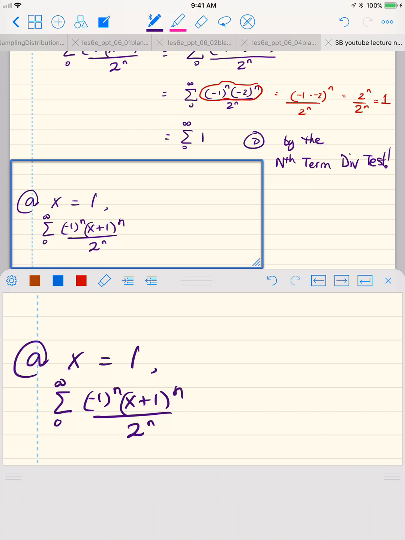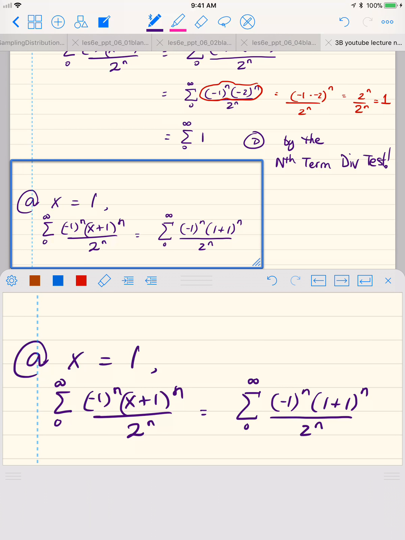So at x equals 1, our series is going to be equal to the sum from 0 to infinity, -1 to the n, 1 plus 1 to the n, over 2 to the n.